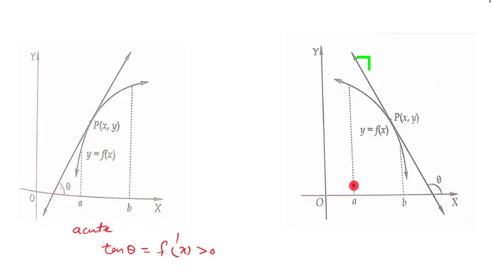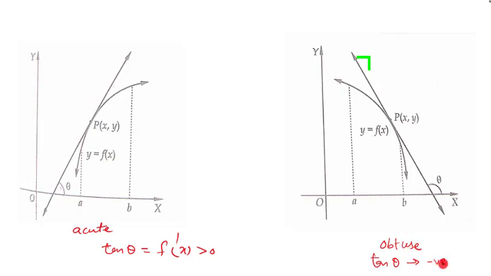Next, let us take a decreasing function. It is clear from the graph that wherever we draw a tangent on this graph, the slope at any point will make an angle theta, which is simply an obtuse angle. So tan theta will be negative. Why negative?